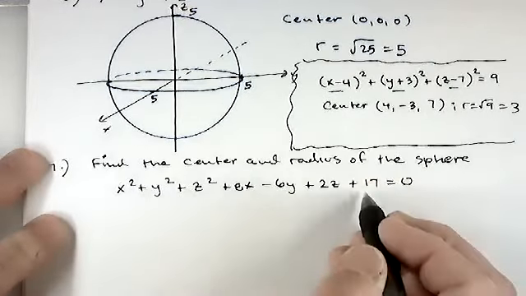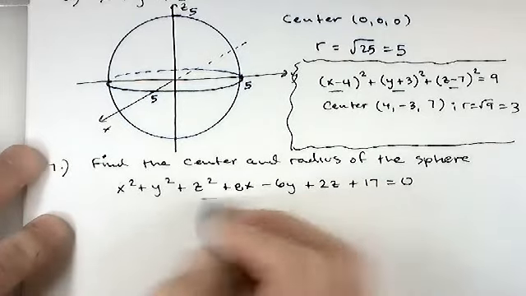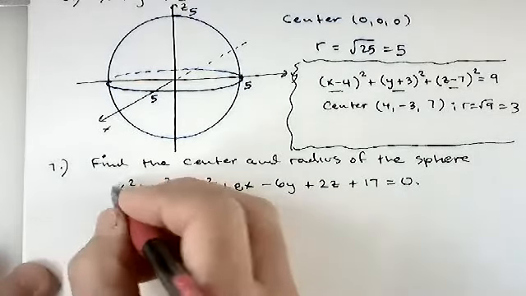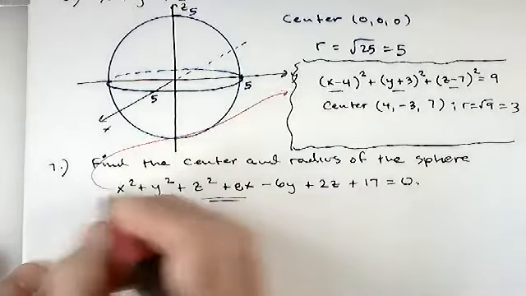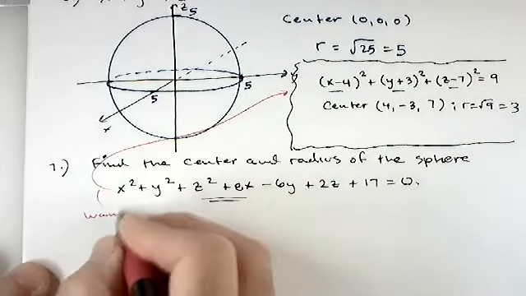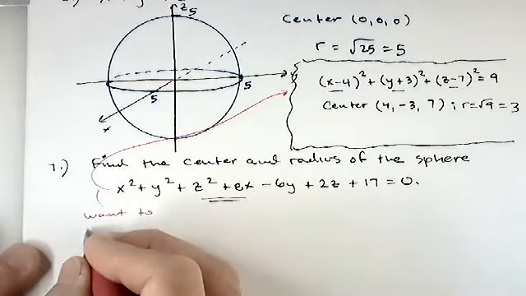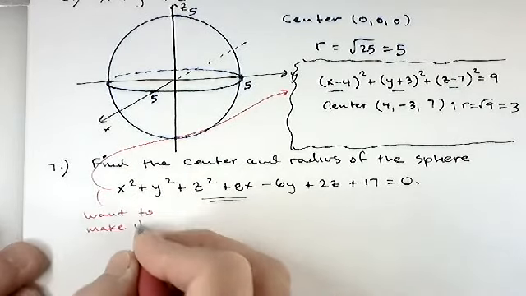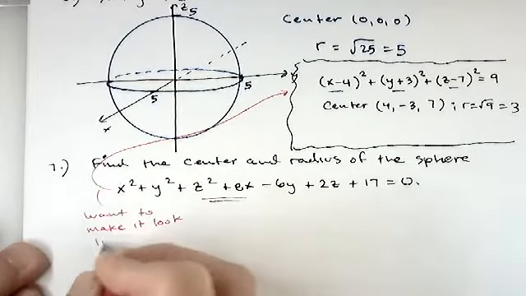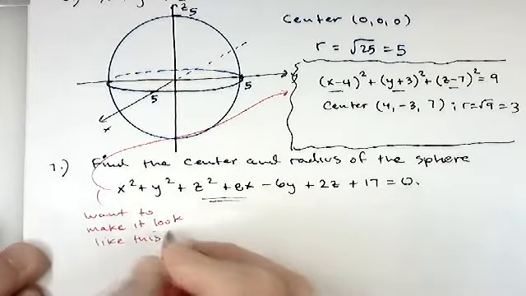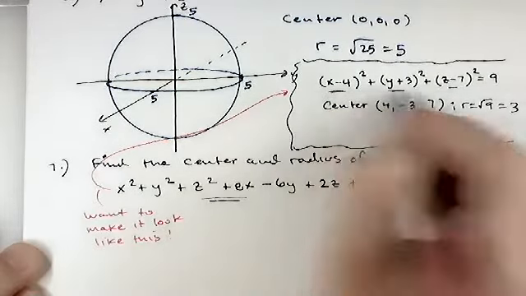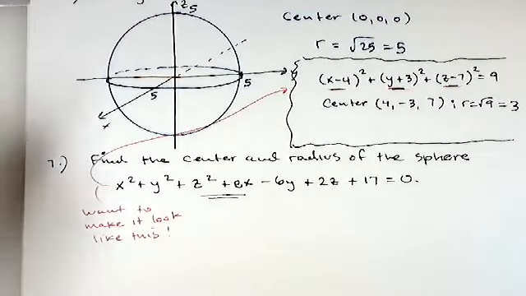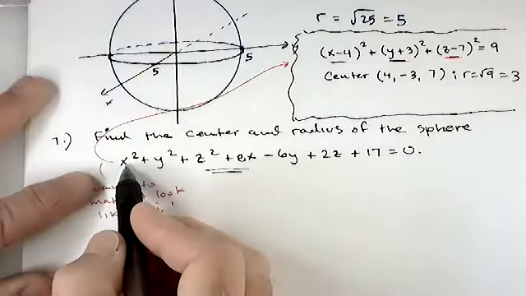So in order to do that, what I need to do is make this look more like this. Make it look like this right here, because then it's easy to see the center and the radius. You've done this before. What I'm going to be doing to make it look like that is complete the square.